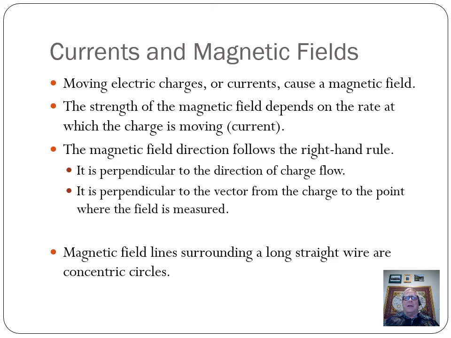And as I roughly indicated with our little demonstration with the tangent galvanometer, the magnetic field lines surrounding a long straight wire are concentric circles. That is to say, at any given location around a long straight wire, the magnetic field direction is tangent to a circle around that wire.